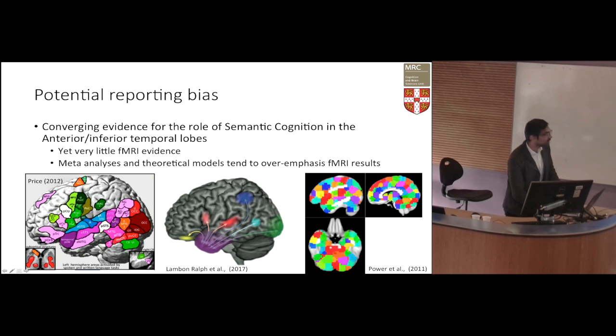It may be hard for all of you to see, but these inferior temporal regions are missing in the atlas by Power and colleagues. So when you've omitted what we think is quite an important feature of behavior, semantic cognition, how we know about knowledge of the world, it becomes hard to be clear about what conclusions you can draw.